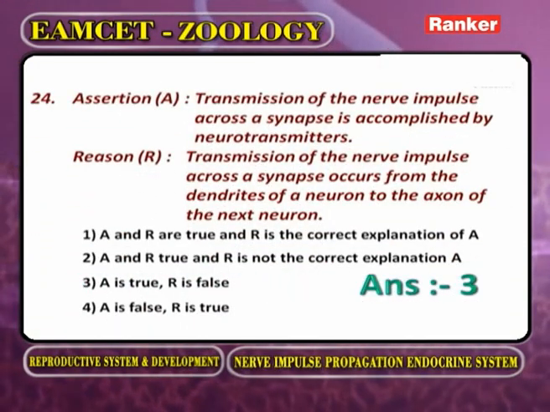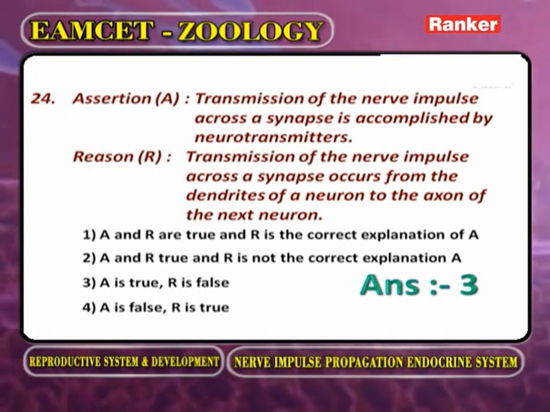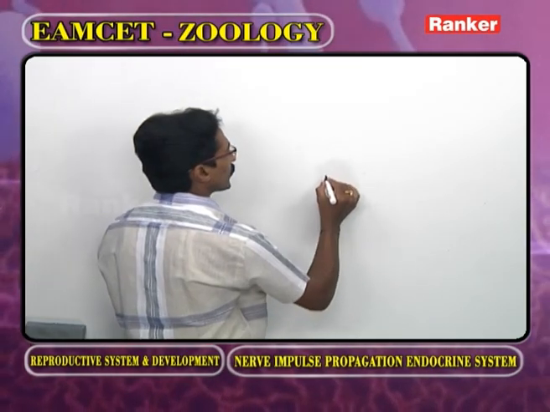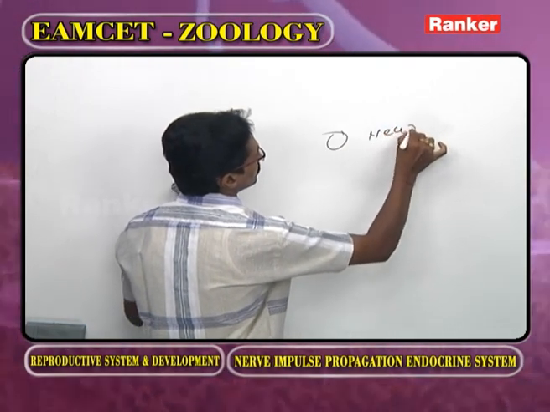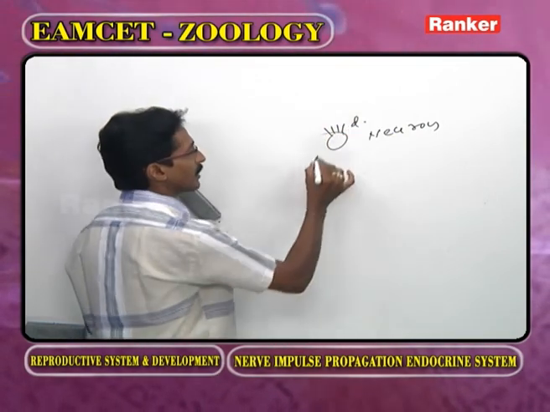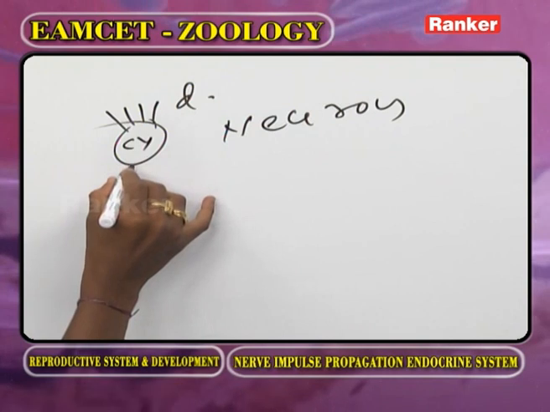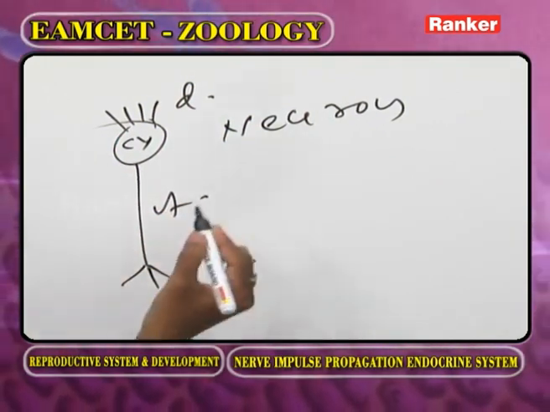Transmission of nerve impulse across a synapse is accomplished by neurotransmitter. Now as we observe the nerve impulse transmission through the synapse, you observe this one, we call it a neuron. It has the dendrons, this is the cyton, this is the axon, and these are called teledendrons.